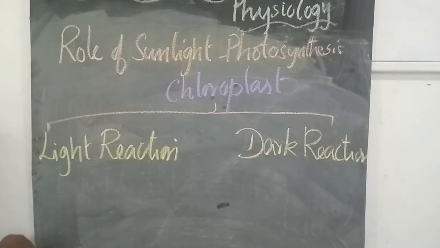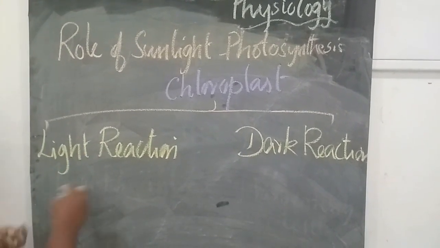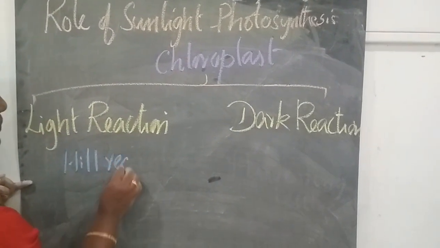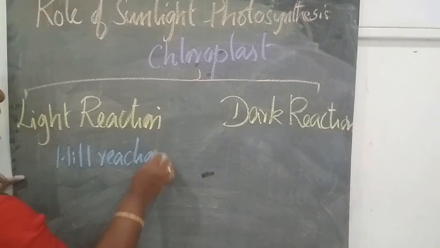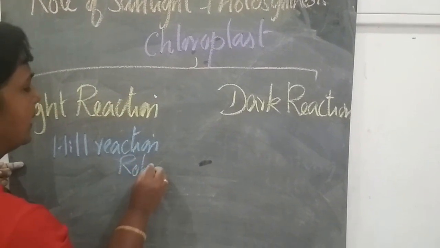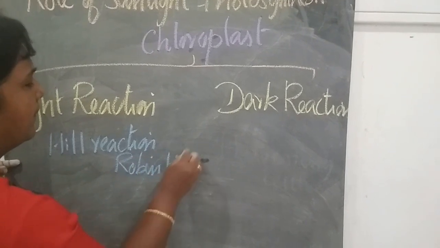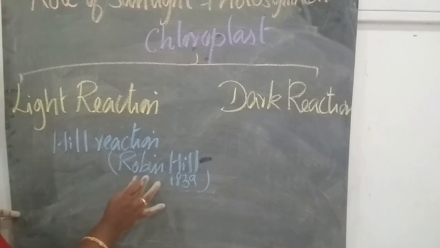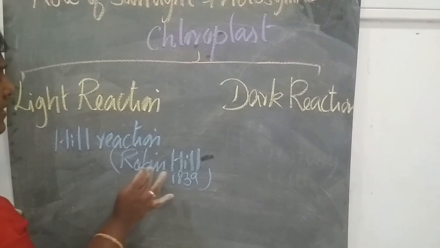So light reaction is also called Hill reaction. It was first discovered by Robin Hill, and is said to be Hill reaction from the name of the discoverer.